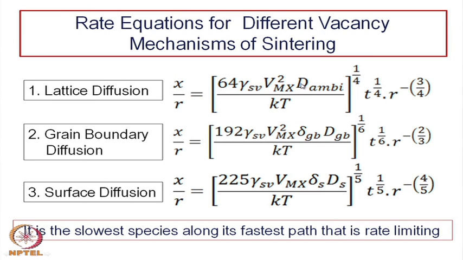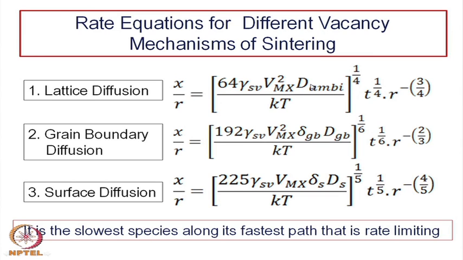Earlier we used vapor pressure, here it is diffusion coefficient all through. This is one kind of diffusion coefficient, this is another kind, this is another kind, but they are all diffusion coefficients of the vacancy movement, and these are D subscript MB.